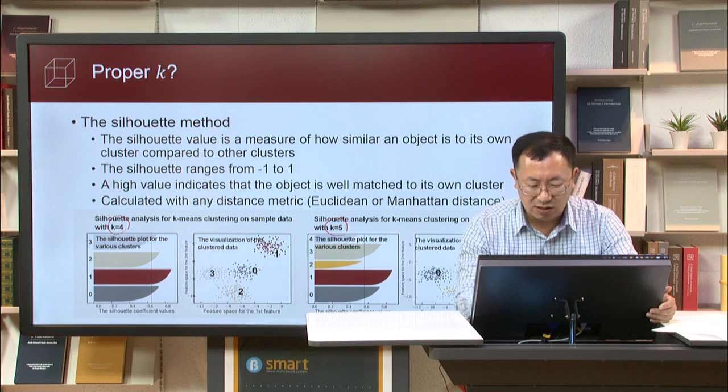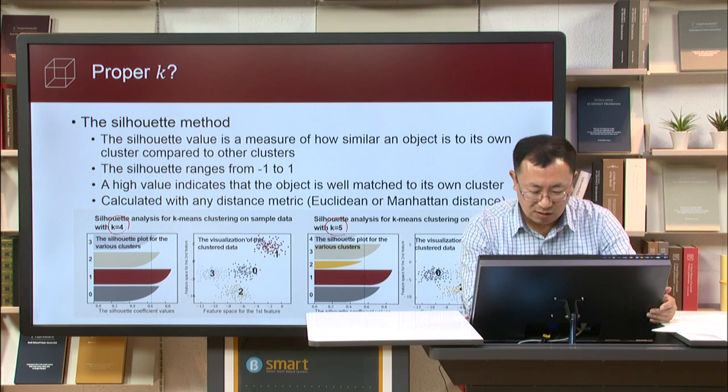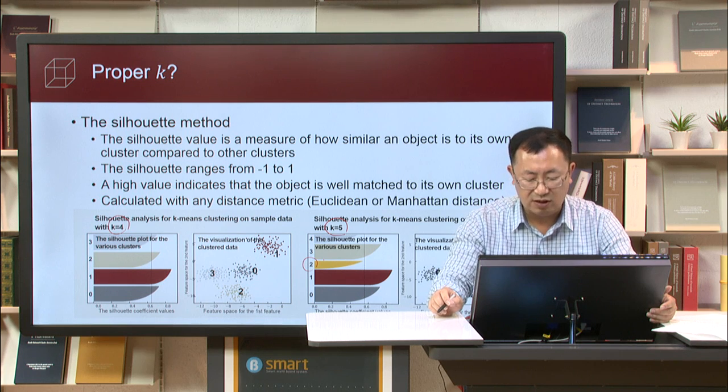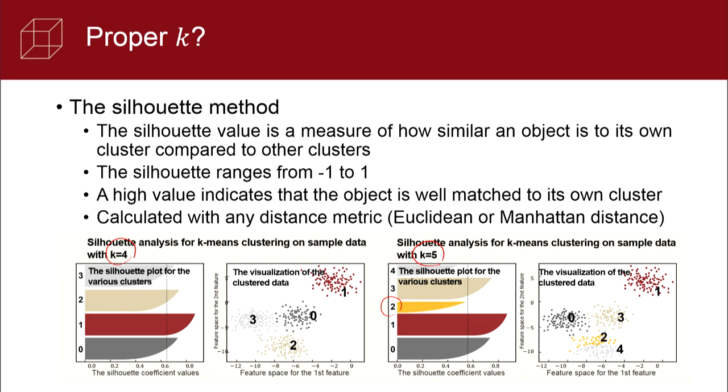When k is equal to 5, in cluster 2 the silhouette coefficient value is less than 0.5. So I will say k equal to 4 is better than k equal to 5. Still, this is also subjective, and the silhouette method only gives us some guidance about which value of k is better than the other k's.